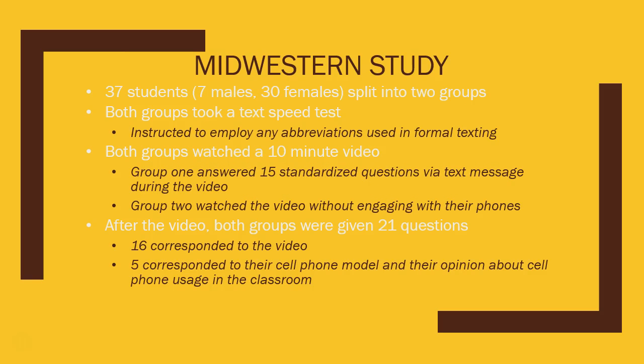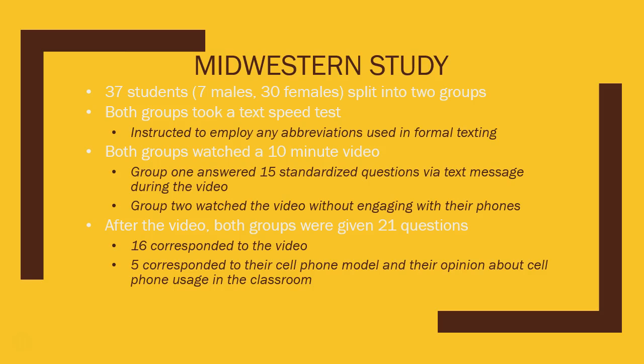In the study done at Midwestern, there were 37 students involved, 7 males and 30 females, and they were split into 2 groups. Both groups were required to take a text speed test, in which they had to text as many abbreviations used in informal texting in their everyday life as fast as they could. Secondly, both groups had to watch a 10-minute video. The first group answered 15 standardized questions via text message during the video.